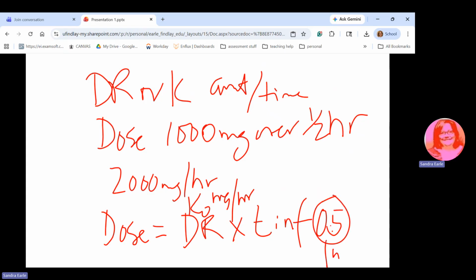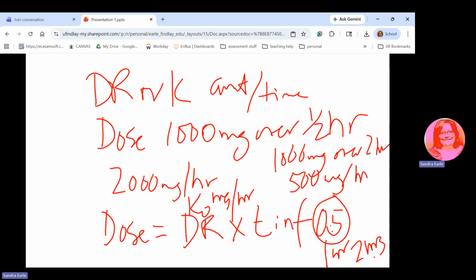So you're probably often giving it as a 1/2 hour. If it's 1 hour, it's not tricky. Sometimes we give vancomycin over 2 hours and even more. So if we're giving 1,000 milligrams over 2 hours, right? Then the dose rate is going to be 500 milligrams per hour, right? But we're giving it over 2 hours.